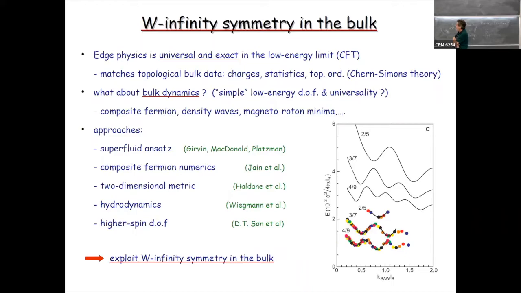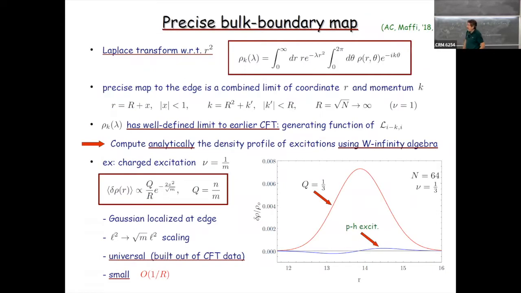And so, because W infinity has these higher spin currents, I said maybe I should consider W infinity again and see if I can say something about the bulk. And the answer is yes, to some extent.